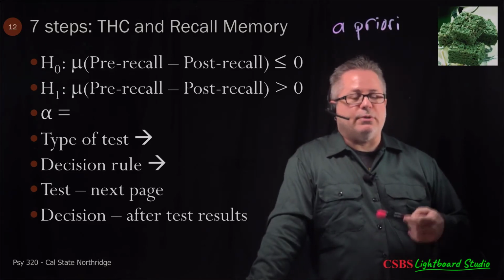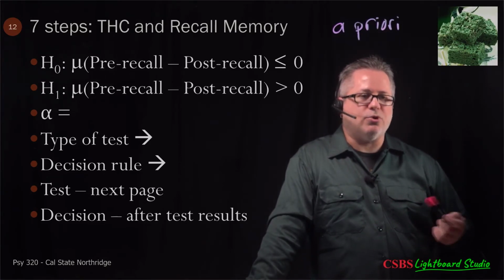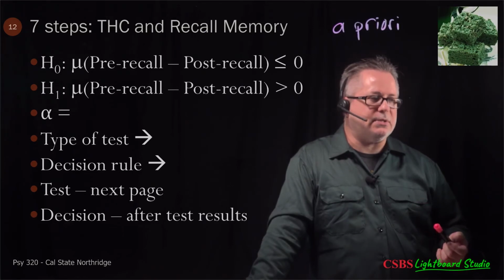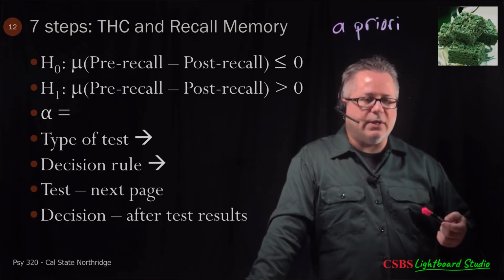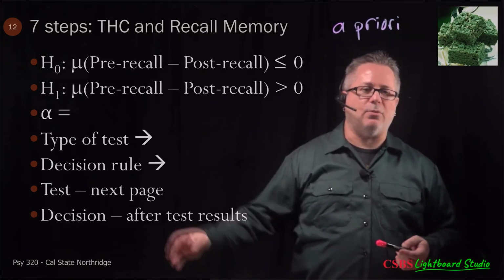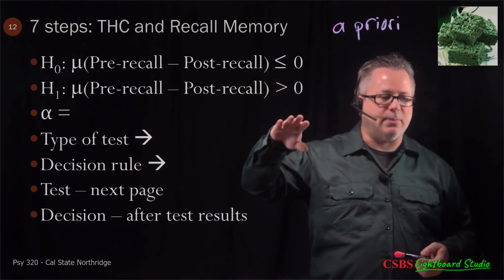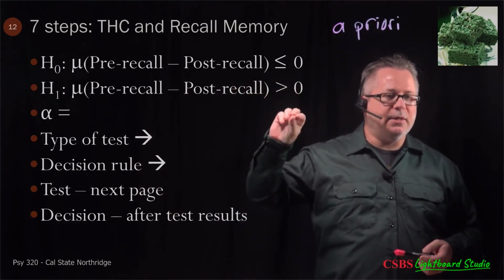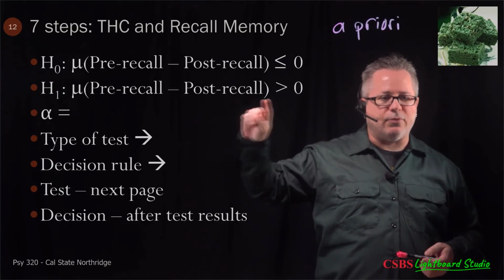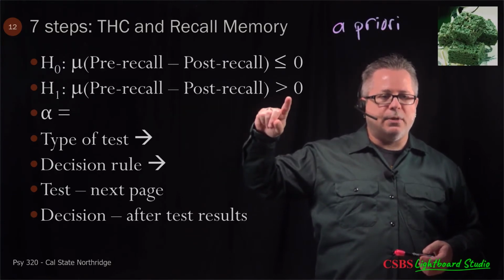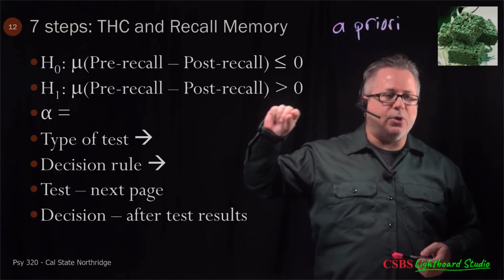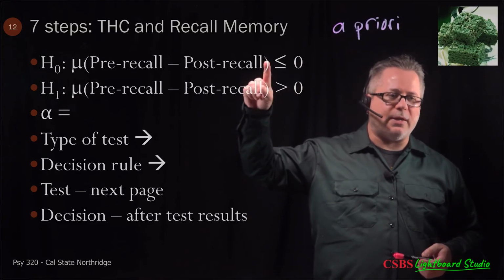I want to show that THC lowers recall. All right, that's an easy thing to think about. If it's lowering recall, what does that mean? Well, pre-recall minus post means it's going to be a positive. I can think about that very clearly and write that out, and then I can decide what the null is by just thinking, okay, what's the reverse of that, and then writing that out.